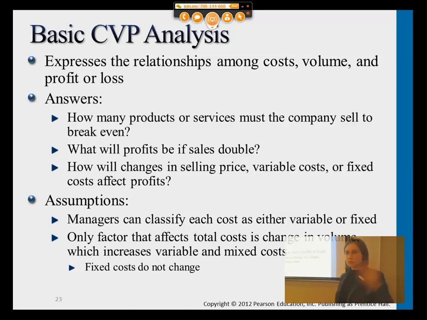That's it. Just like we discussed in the first portion. And the fixed costs, they do not change. We know that. Okay, so remember the following, that CVP is only an approximation. It's not exact. It's just an approximation.